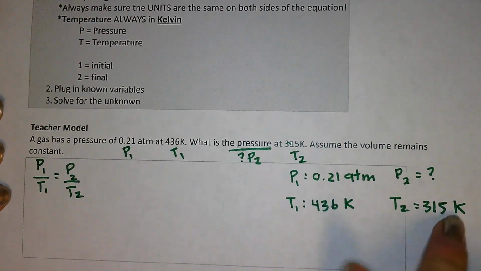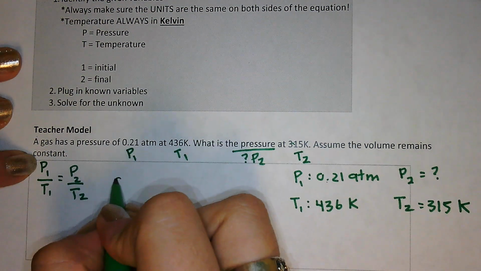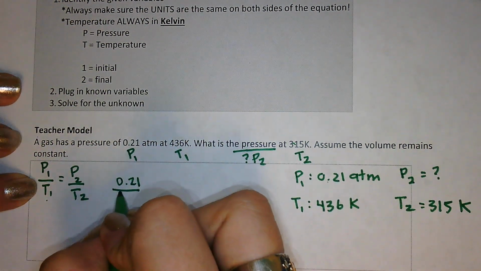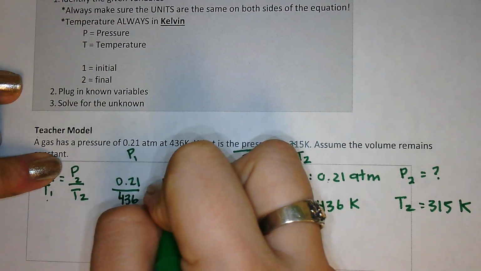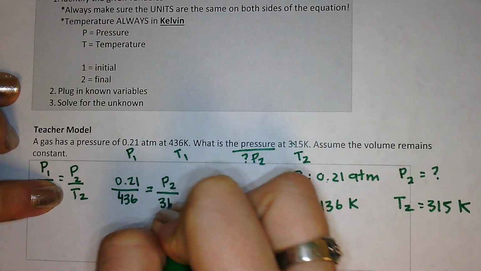So now I can plug these numbers into my main equation. So P1 is 0.21 over T1, which is 436, equal to P2, which I don't know, and T2 is 315.